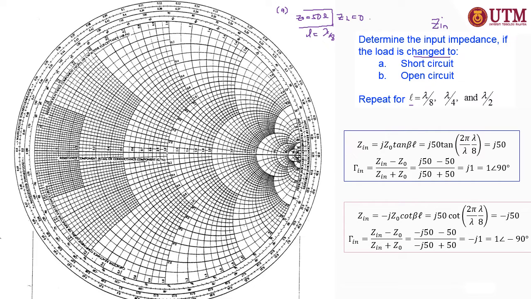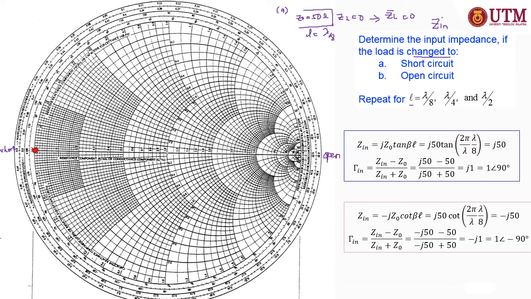So if you calculate the normalized impedance, it is 0. So plot ZL. So here, if you remember, here will be your open circuit, here will be the short circuit, for the real part.